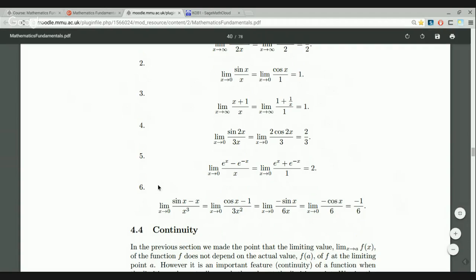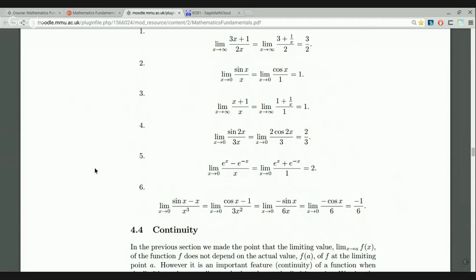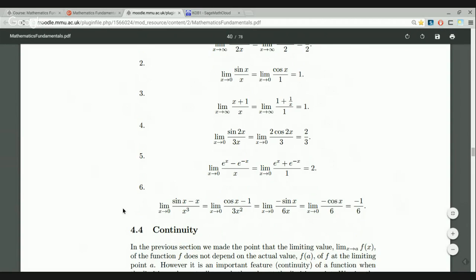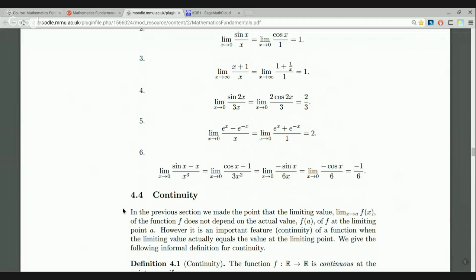And example 5, again, is another one for L'Hopital's rule, this time using the derivative of the exponential function. And example 6 is a nice one. Example 6 is displaying a case where you have to apply numerous applications of L'Hopital's rule.